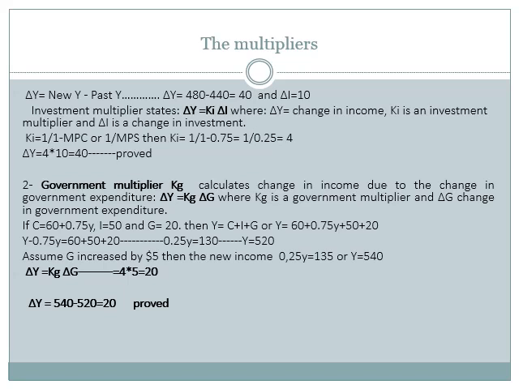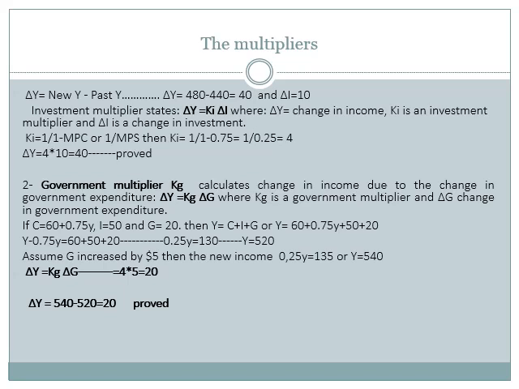Then ki equals 1 over 1 minus 0.75, or 1 over 0.25, which is 4. So delta y equals ki times 10, which is delta I, equals 40. Proved.